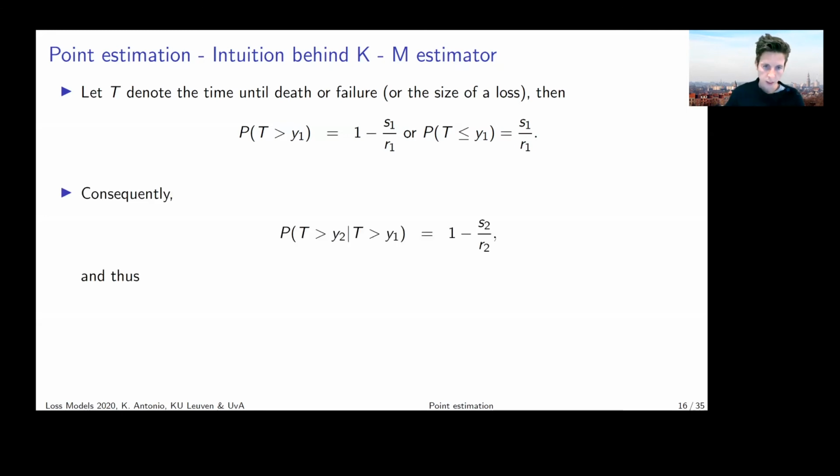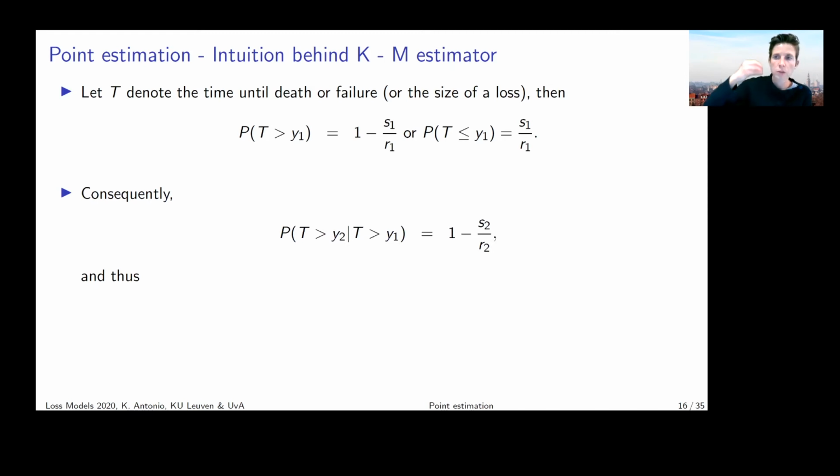If I then move on, what I next want to know is the conditional survival probability, the probability that T is strictly larger than Y2, given that T is strictly larger than Y1. If I do the same kind of reasoning, right before Y2, I've got a group of size R2 who is at risk of seeing the event of interest at Y2, and S2 out of this group actually observed the event of interest at Y2.